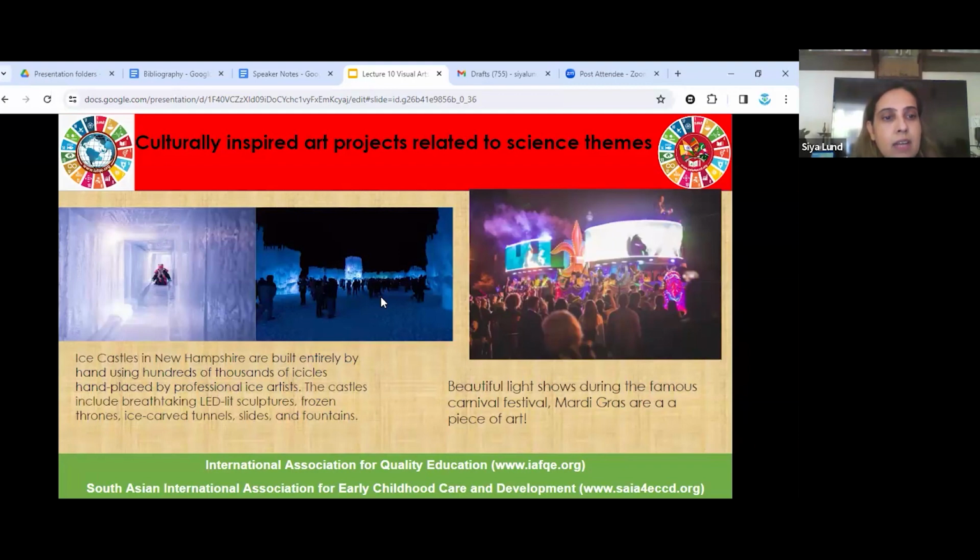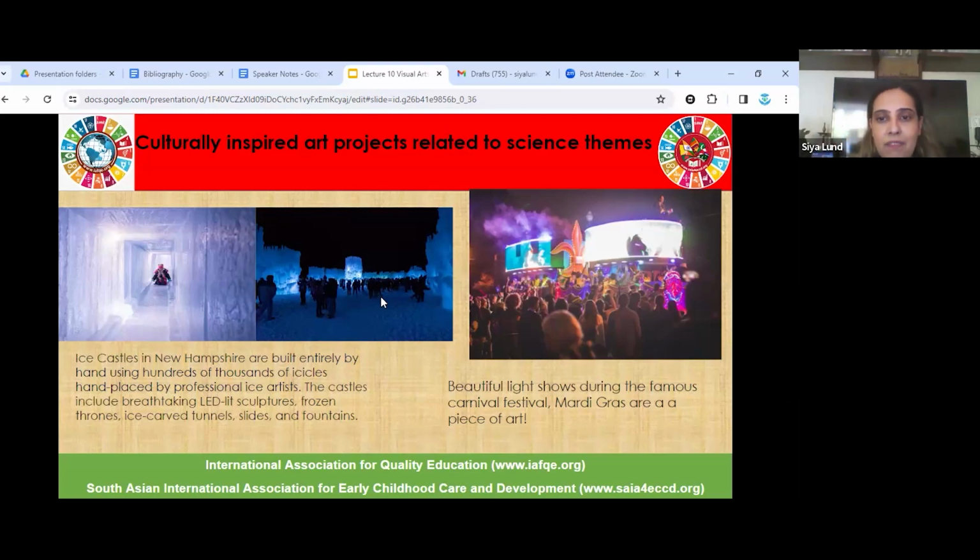The castles have LED lit sculptures, frozen thrones, tunnels, slides, and fountains and whatnot. It's pretty unique to this area, and a lot of tourists flock to see the ice castles in New Hampshire. So I thought this was also very culturally beautiful art, and also related to science.